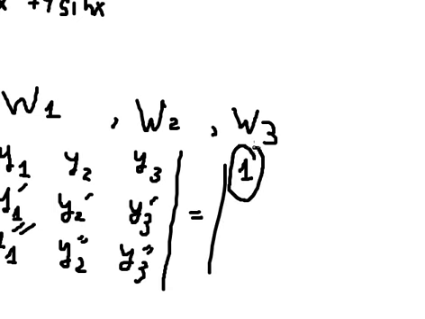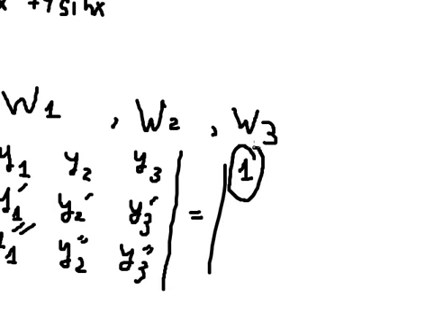We have positive cosine x. Later, we need to take the derivative of cosine x. We have negative sin x. The next one, we have cosine x. So we have negative sin x. And we have negative cosine x.